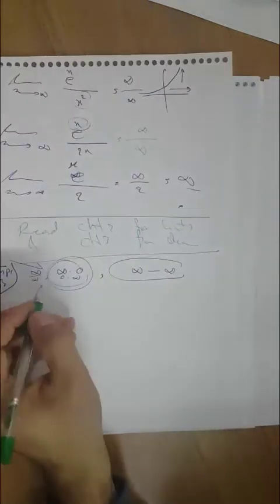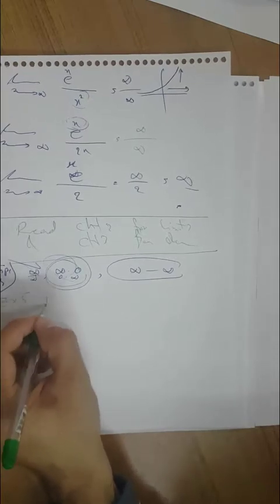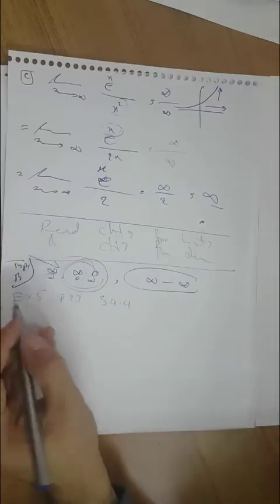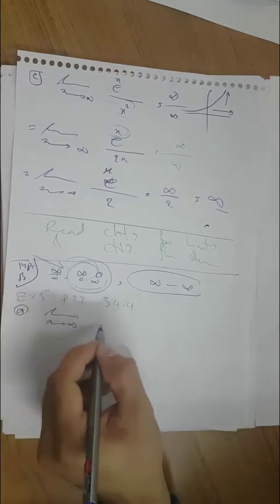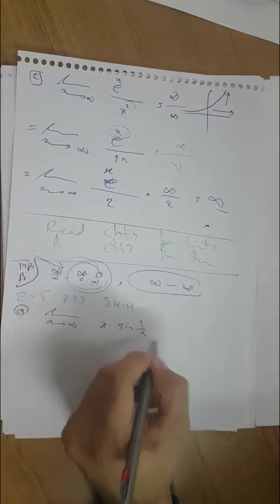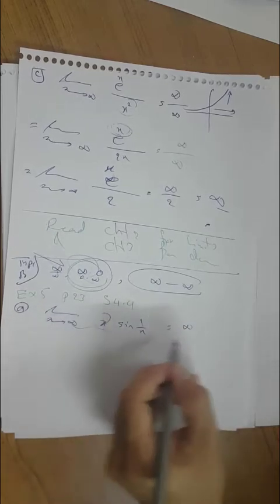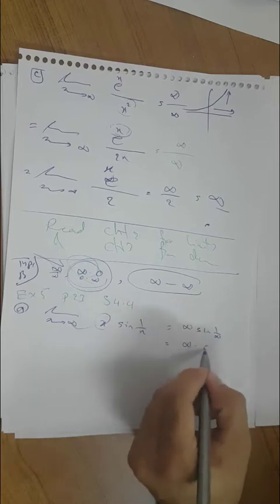So in type B, we have the first part and the second part. For example, example 5 in page 23, section 4.4, part A: the limit as x approaches infinity of x sine of 1 over x. If I substitute, I get infinity directly, and sine of 1 over infinity is 0, so it is infinity multiplied by 0.